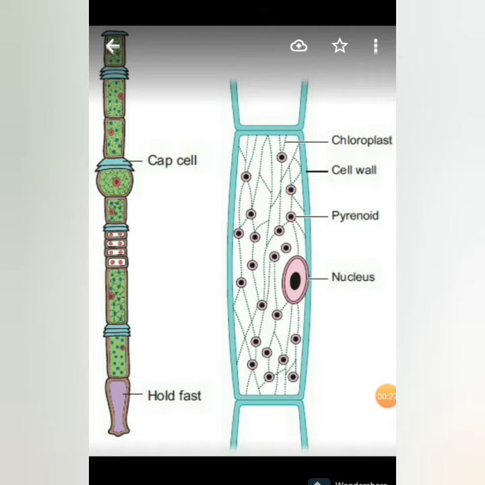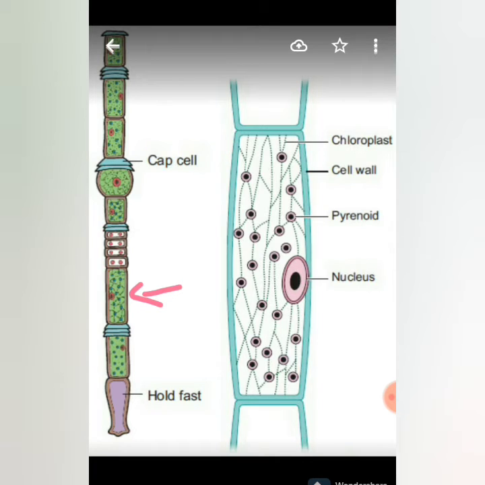For that, you can see here this figure B. It is the enlarged figure of a single cell. Now we will study in detail the structure of a single cell here. This figure is the enlarged picture of each single cell.